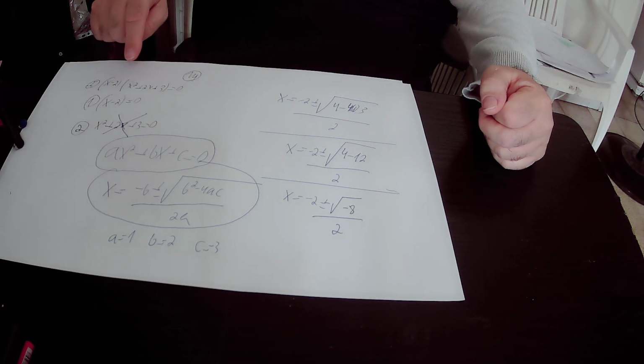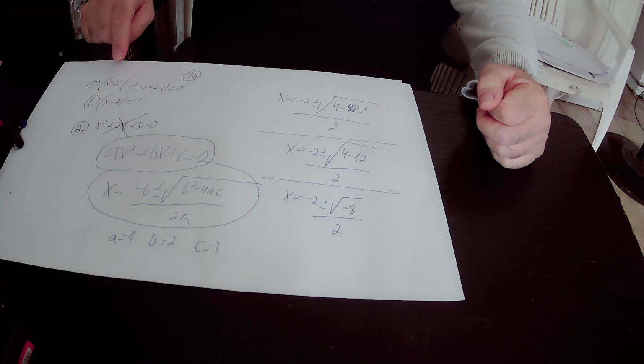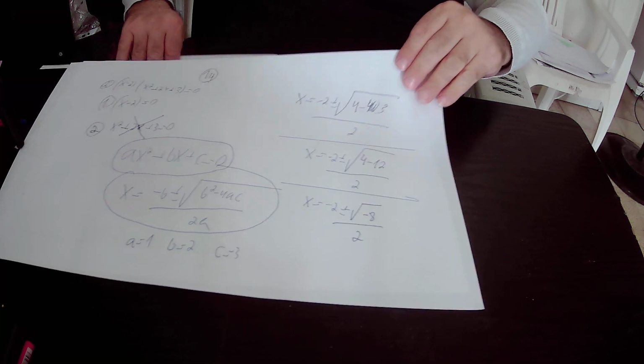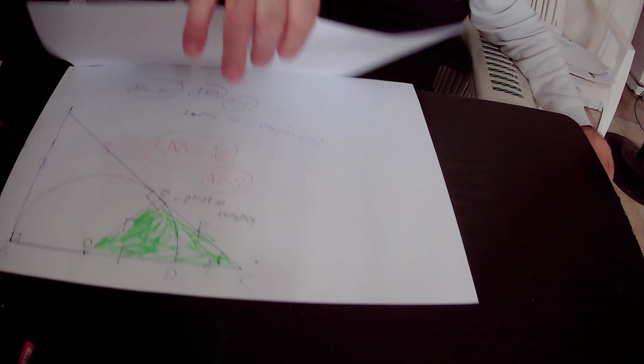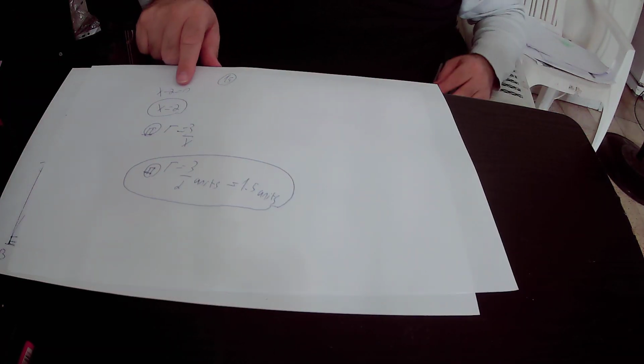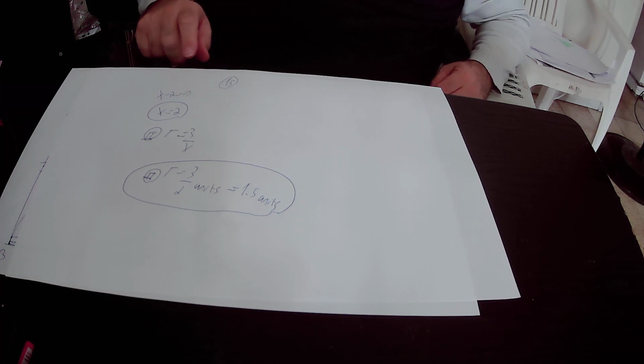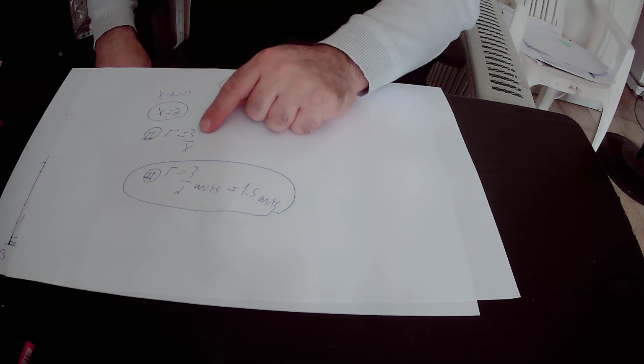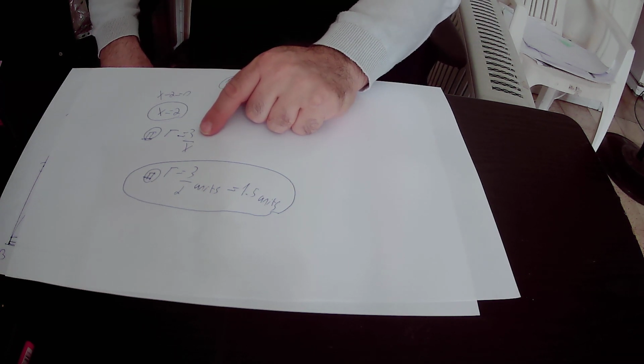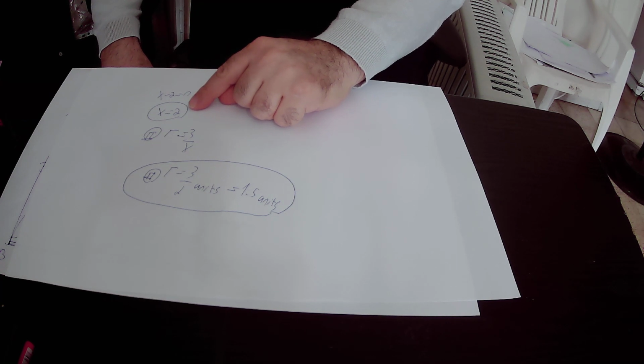And we are left only with the solution that x minus 2 equals 0. And if x minus 2 equals 0, then x equals 2. x equals 2. And we have already found out that r equals 3 over x. So we can substitute x by 2.